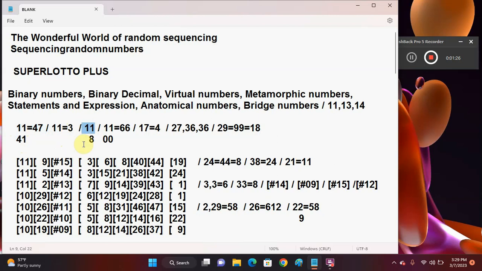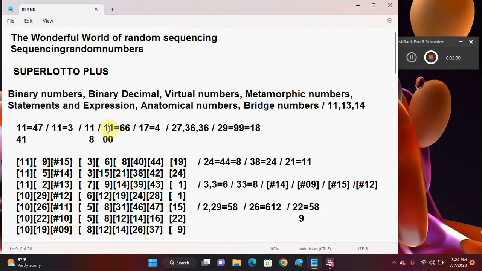And this number here, the 11.8, forms what we call a metamorphic number. The way it does that is that if you translate these two digits here, 11 and 8, they equal another number. If you translate the zeros in the 8, the double zeros, because the 8 has 2 zeros, and you put the 11 up above, what you get is a metamorphic number.